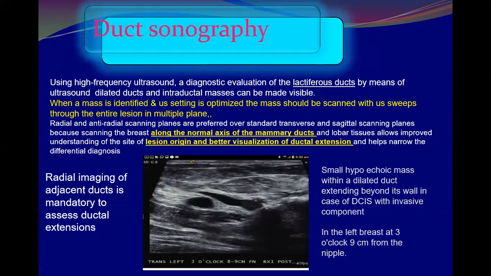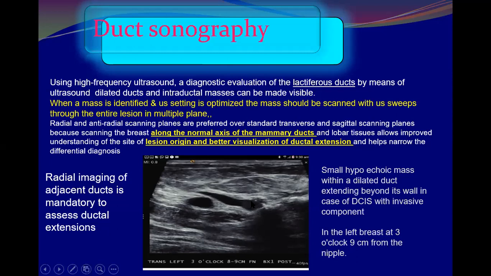And with a high frequency transducer, visualization and evaluation of the ductal system is really improving, and the ducts become visible. Not only can we see the duct, but also inside the ducts, and even the margins. Look at these lesions.